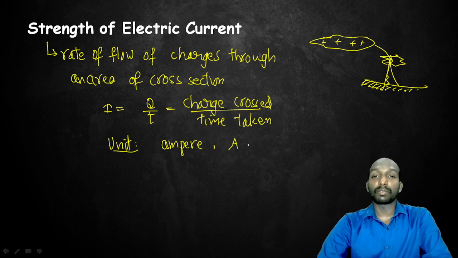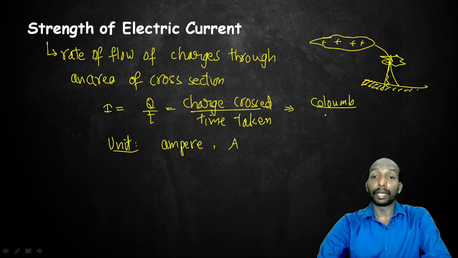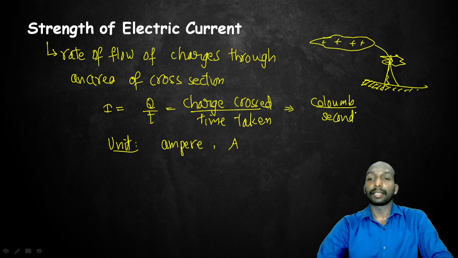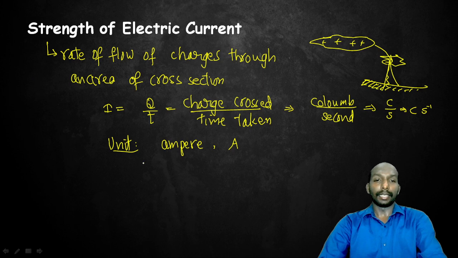We have some rules for writing SI units: unit symbols named after a scientist should be written with a capital letter, so we have taken capital A. We can also write the unit as coulomb by second. Coulomb is also named after a scientist, so capital C by second, coulomb second inverse.